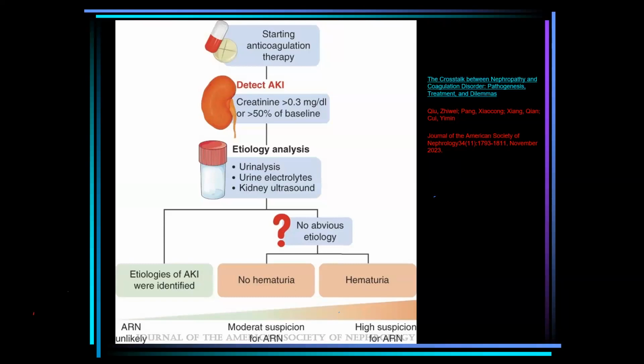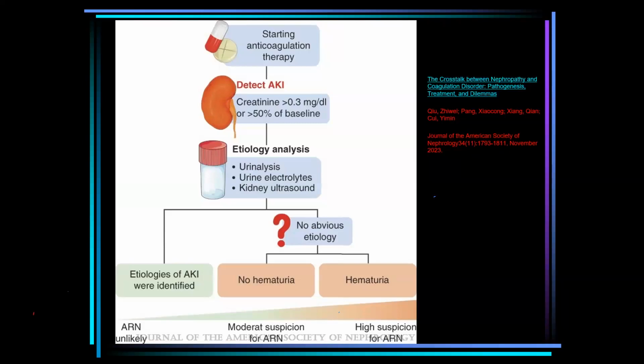Because this is something very recent, I picked up this figure from this article, and I invite all of my colleagues to read it. It is only 8 pages or maybe less, and it includes the updated data about this scenario.